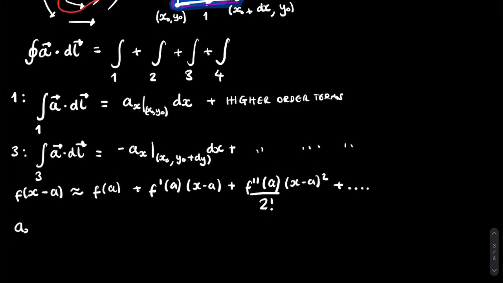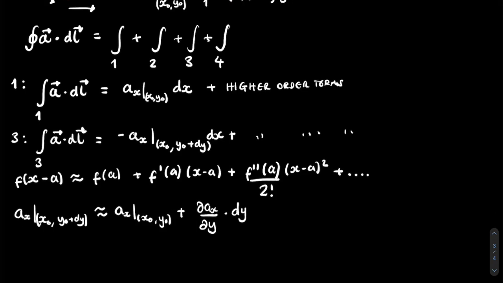We're going to find that ax, the x component of a, evaluated at x naught and y naught plus dy, is going to be approximately equal to ax evaluated at the lower position at this point right here, plus the first order derivative dax by dy, multiplied by the shift, which is of course dy. So we've just substituted in the Taylor expansion.